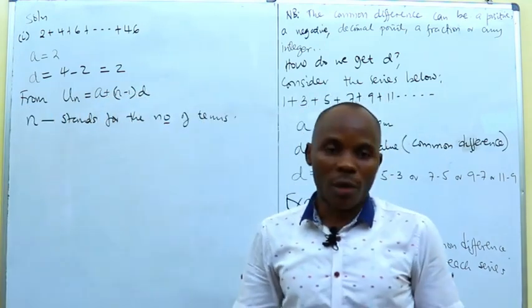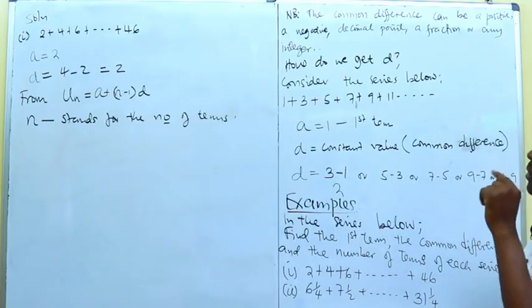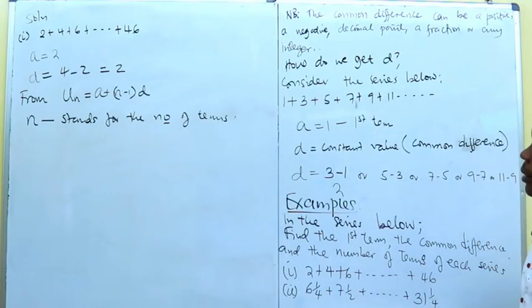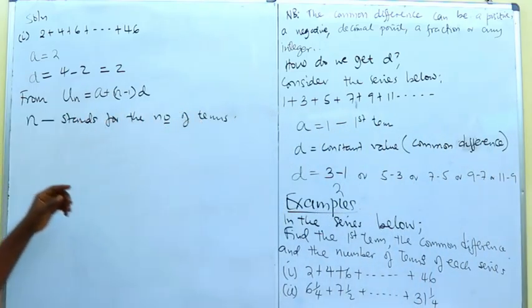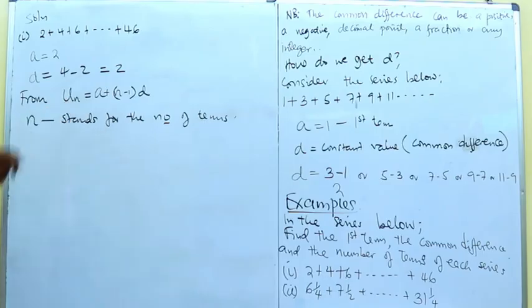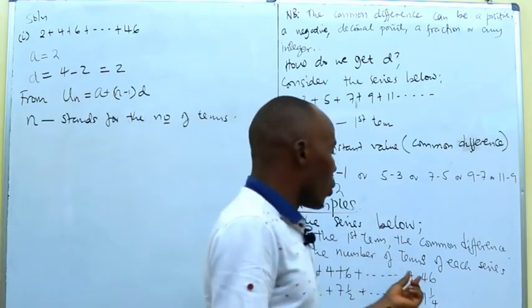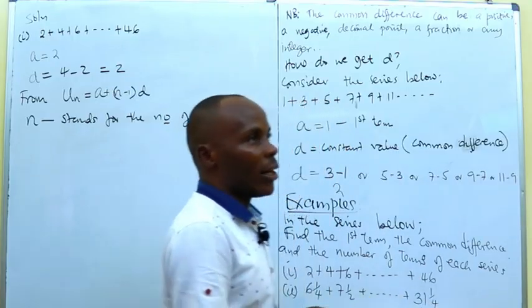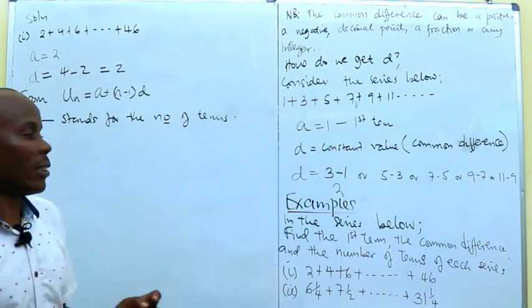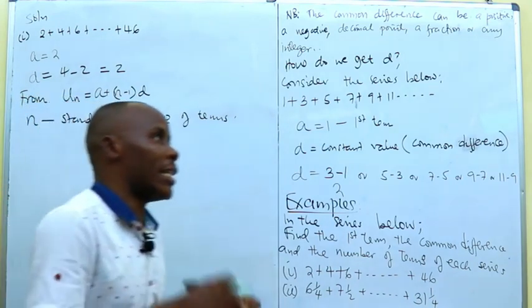It stands for the number of terms. Now, there is somewhere where I said this one acts as the nth term, and it can also act as the last term if you're given a finite series. In other words, a series which has got an end.